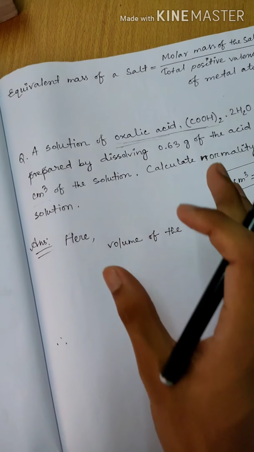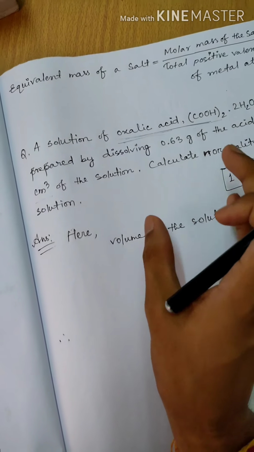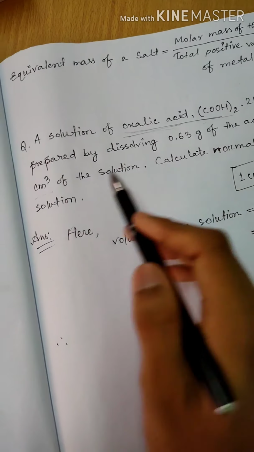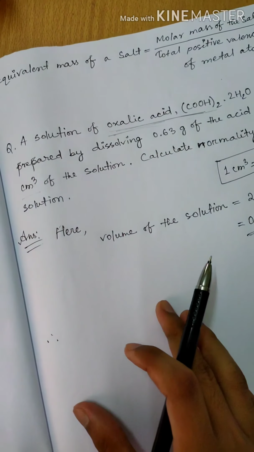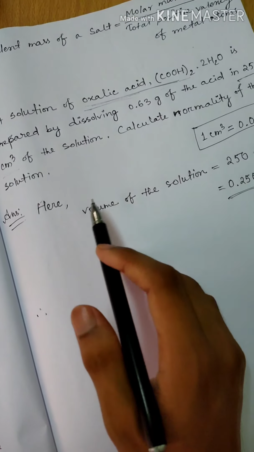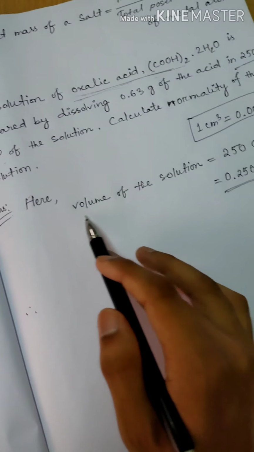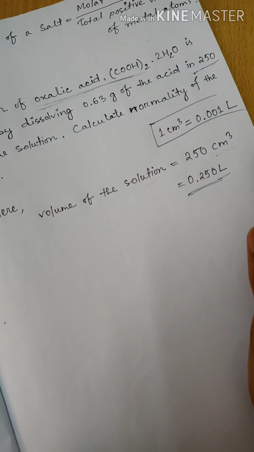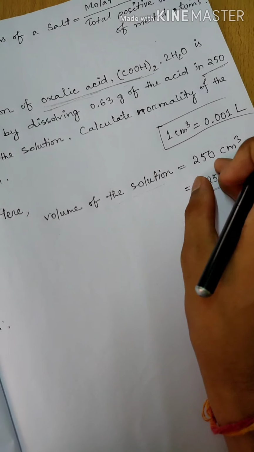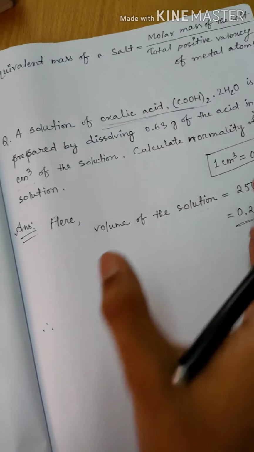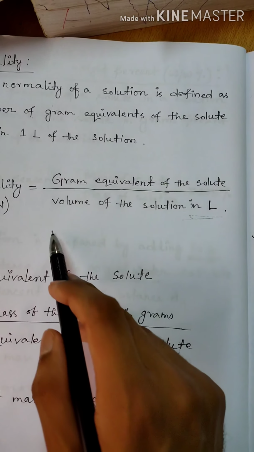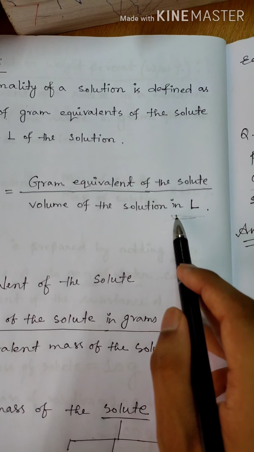So you see here the volume of the solution is 250 centimeter cube. It is given in the question. Here the volume of the solution is 250 centimeter cube, but we have to convert this centimeter cube into liter, because our formula was volume of the solution in liter.